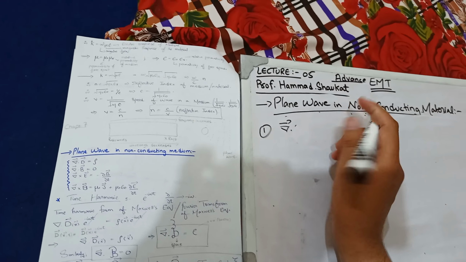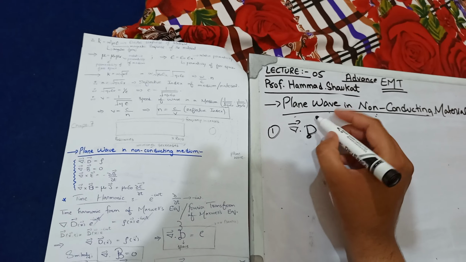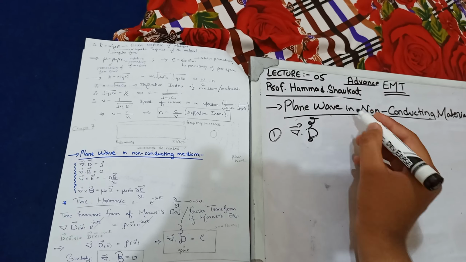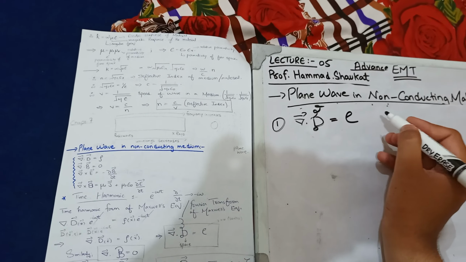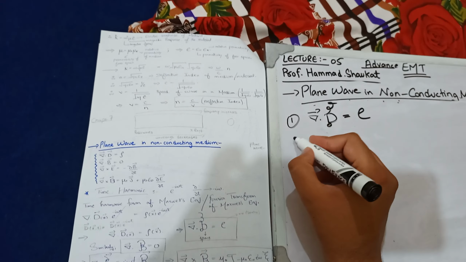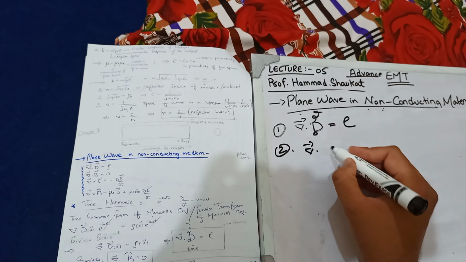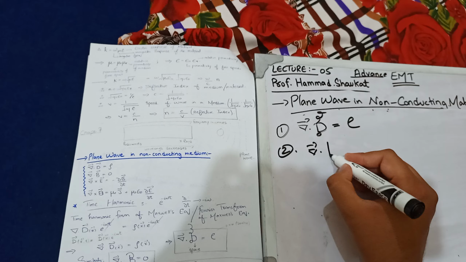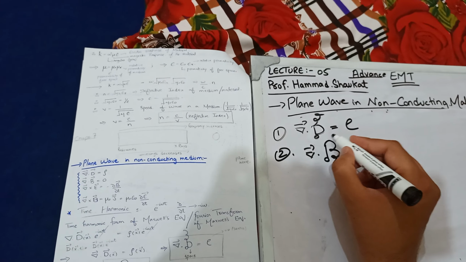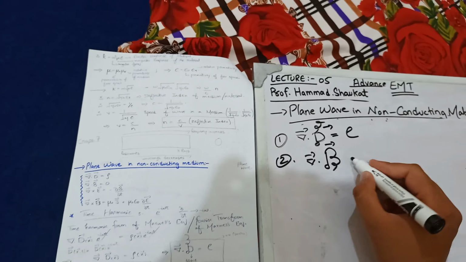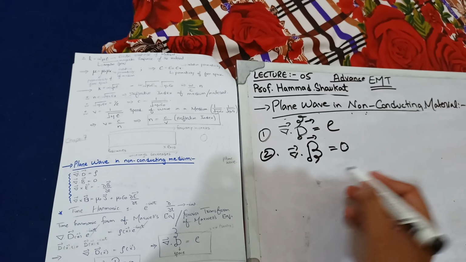We can write this d in curly form, so you can write d simply like that, and it equals rho. Your second equation has a similar symbol change for b, and the divergence of b is equal to 0.